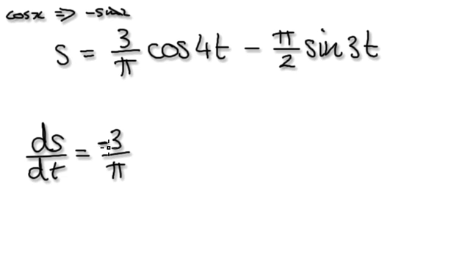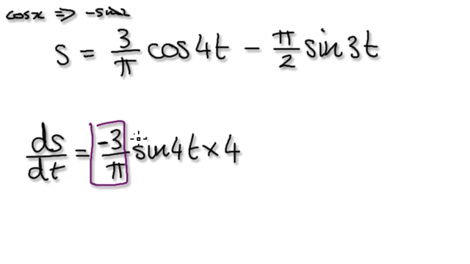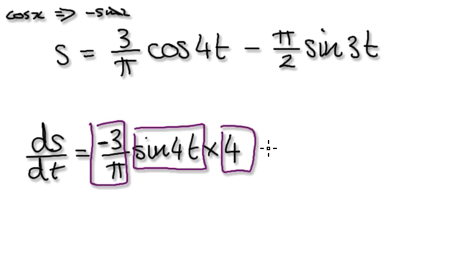So this would be minus sine of x, and then for t here, we've got to times it with the differential of the bubble, which would be 4. So at the moment you've got this thing multiplying with this thing, multiplying with this thing here.